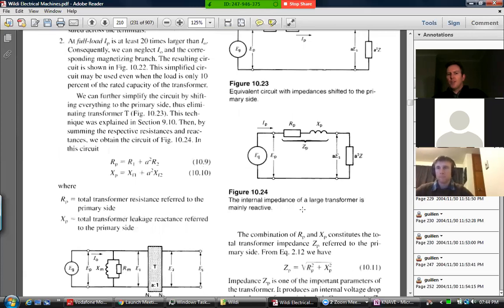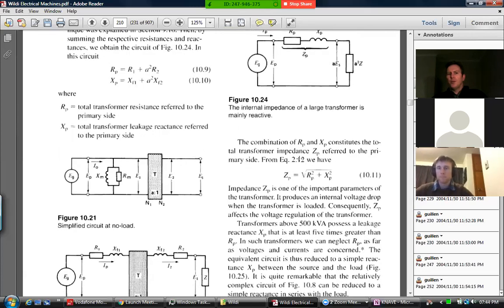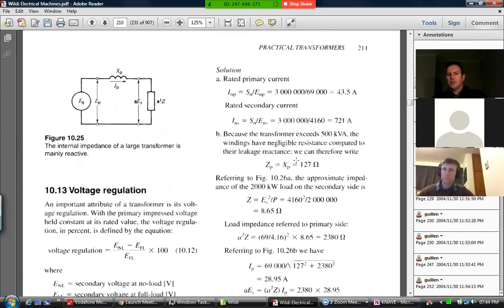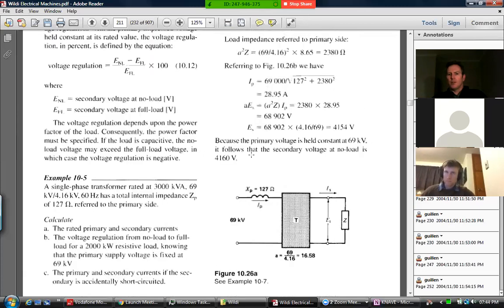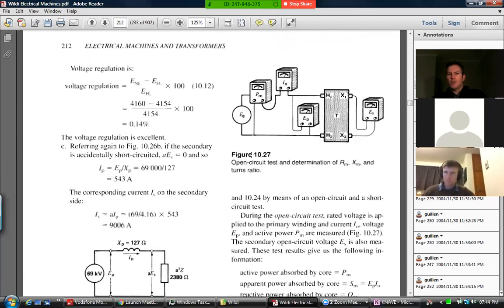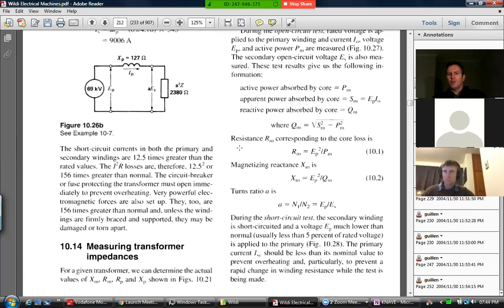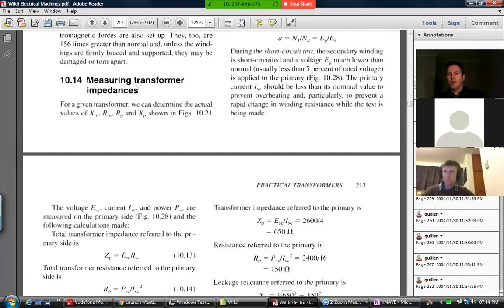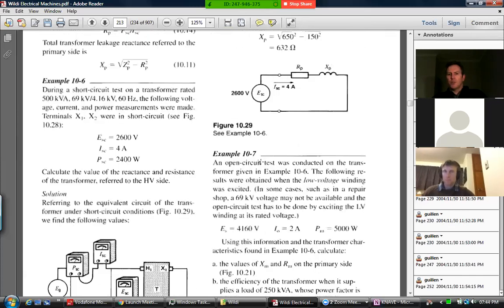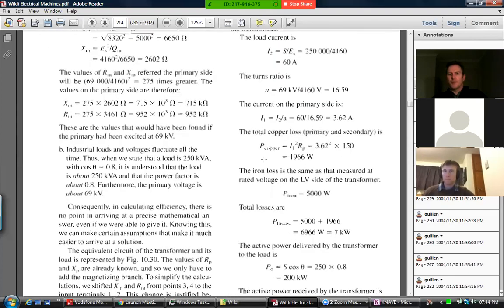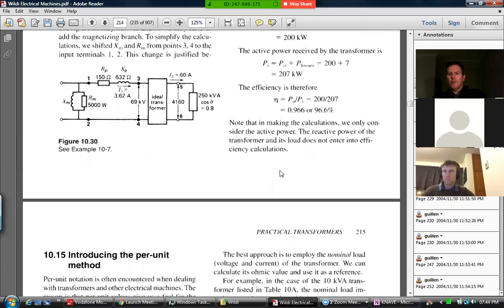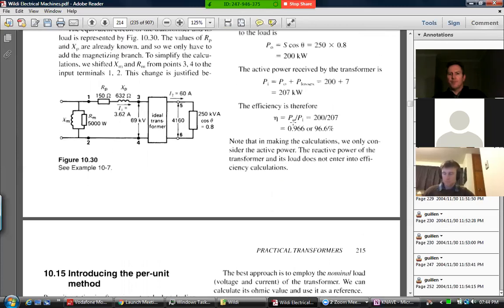I would suggest having a read through all of this stuff up until, try and even read through this voltage regulation, but we can talk about it together. And I even suggest reading through the open circuit and short circuit tests and measuring these impedances. So if at all possible, do yourself a favor and read up to the end of page 214 here.